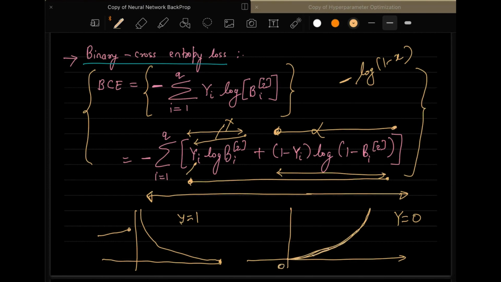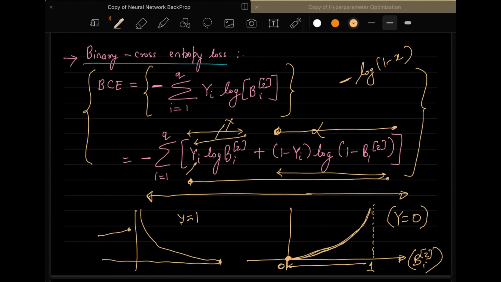We are restricting the values between 0 and 1, and the reason for that is this activation is available here. Now you can see that if your actual label is 0 and your predicted label is also 0, there will be no loss.